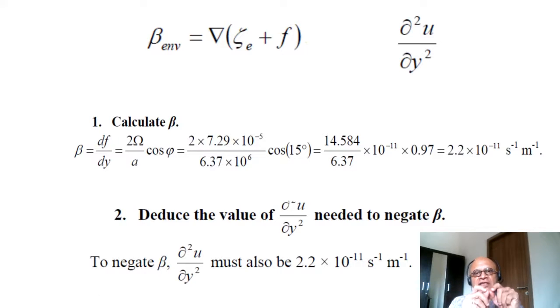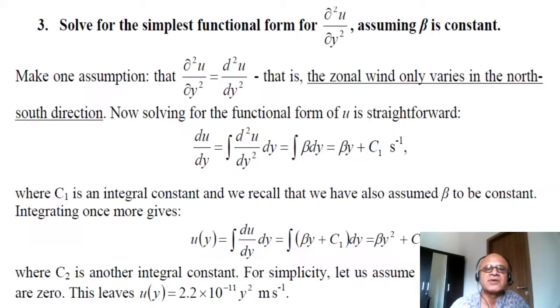So then we can take typical environmental winds and see what is the gradient required over the weather systems that we are talking about, let's say of order 10 to the 6 meters, right? 1,000 kilometers. To solve for the simplest functional form for d²u/dy², assuming beta is constant in our beta plane. Typically, let's say we're on a plane where beta is constant.